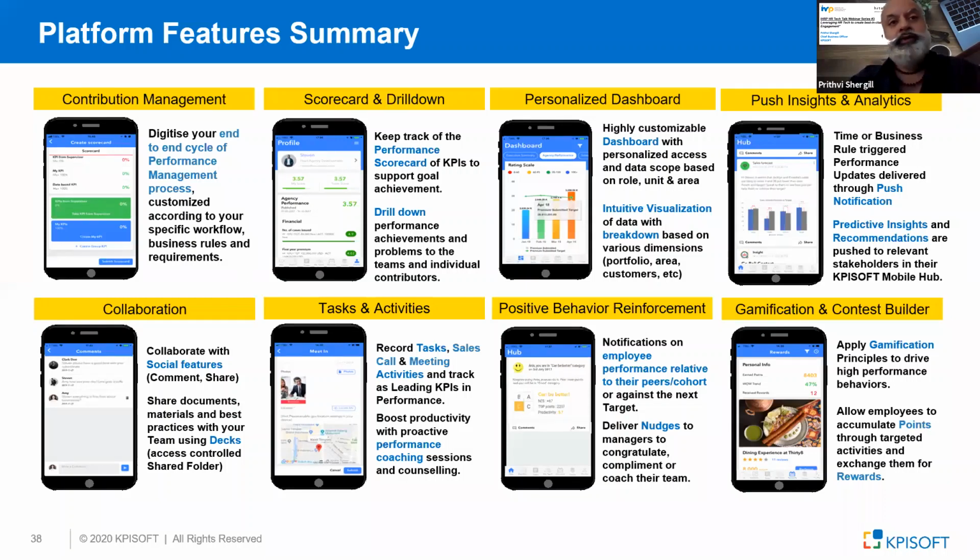And what we are trying to suggest is that one needs to look at all these things in a single place and make it easy for the individual or the leader or a team to look at a common scorecard, drill down to an individual, look at who has been assigned the task, who is sharing a responsibility for a task, who owns an activity, personalized to them specifically, and then really use that information consolidated in a single place to push insights and push suggestions which lead to positive behavior.